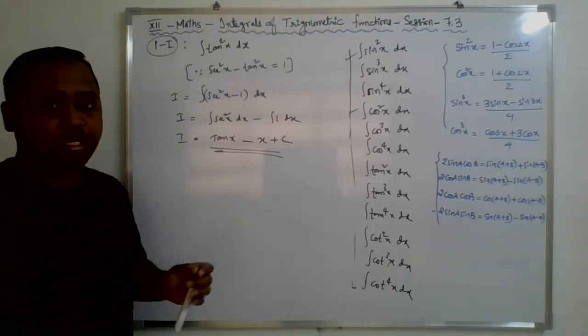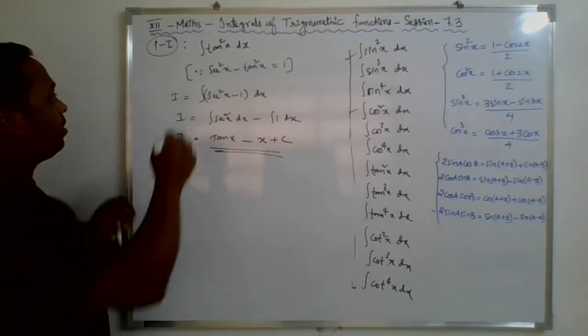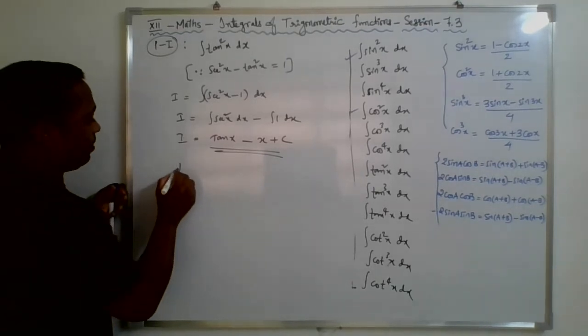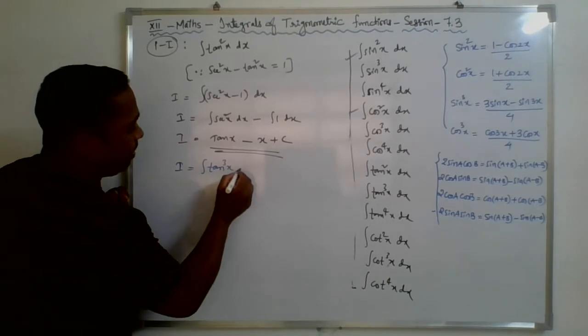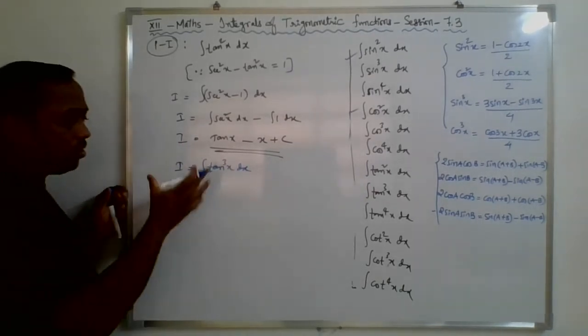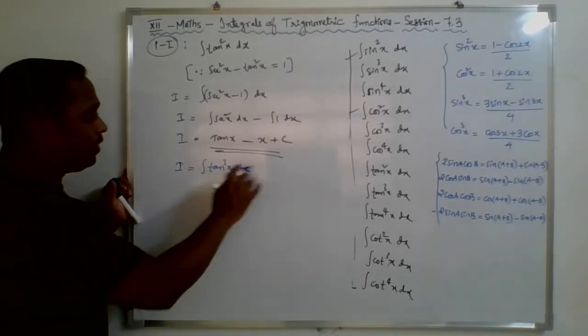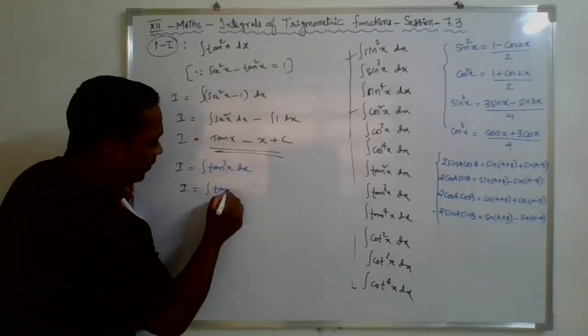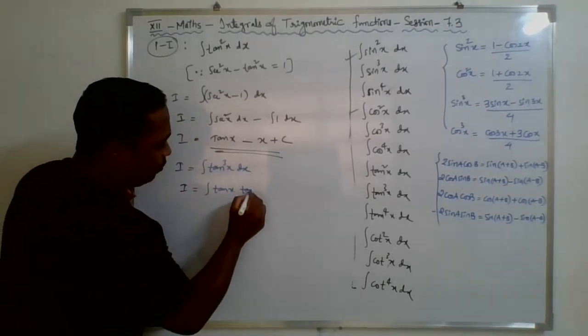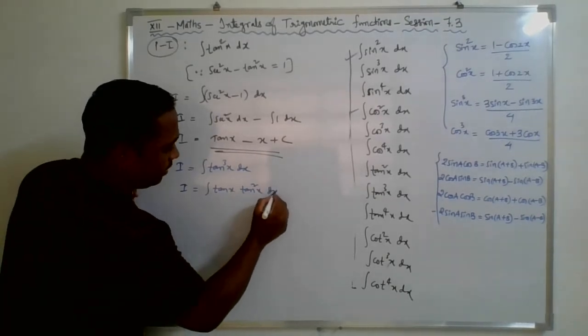Over. In a similar manner, the next question I am taking is I is equal to the integral of tan cube x dx. A small change in this question will simplify it further. It can be written as tan x into tan square x dx.